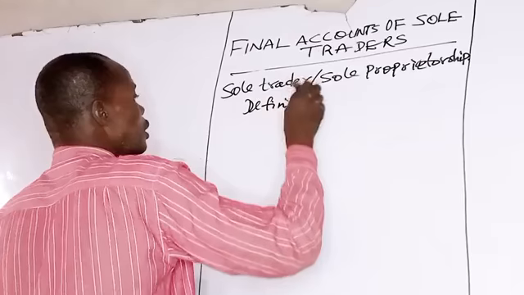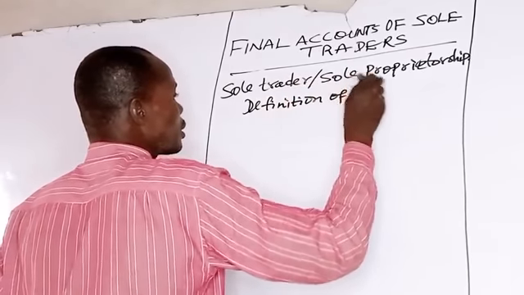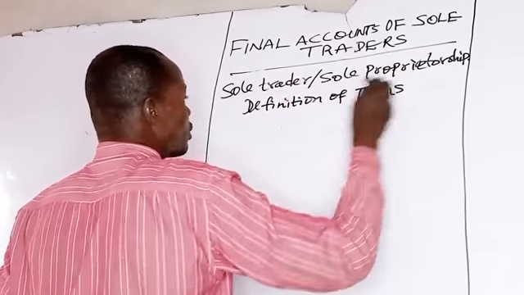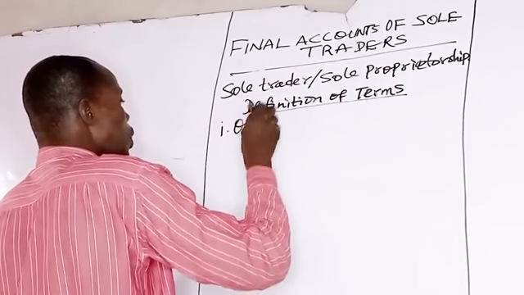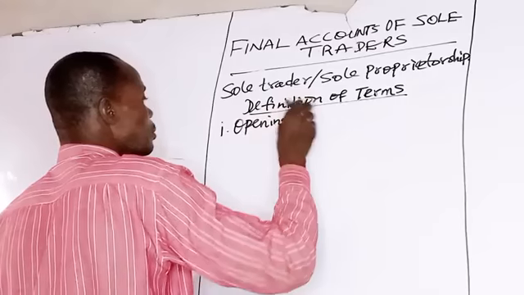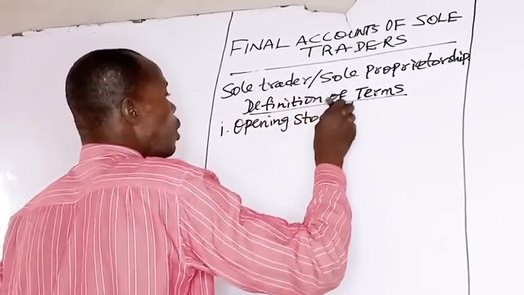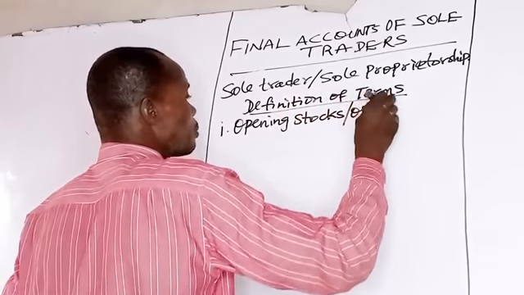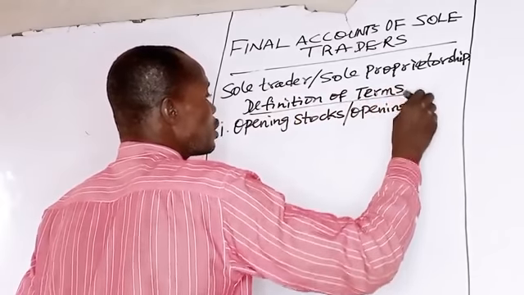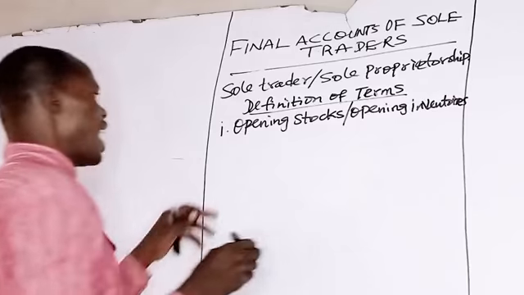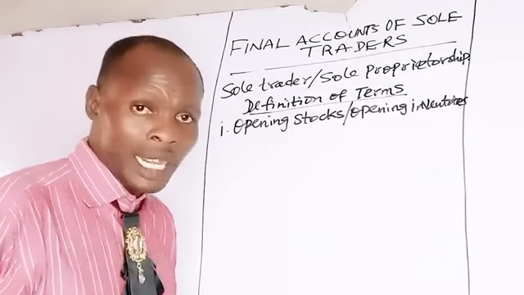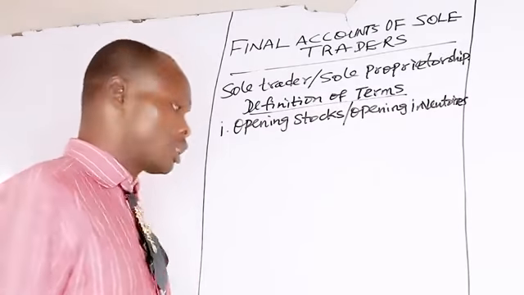Now, what are the terminologies used in final accounts of the sole trader? Definition of terms. Number 1 term I'm going to examine is opening stock, or opening inventories. Opening stocks are stocks in hand at the beginning of the trading period.